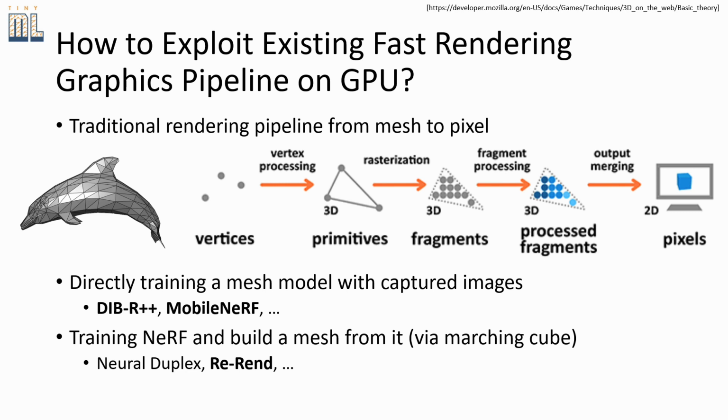The first one is, with captured images, we can try to train that kind of mesh directly. That's one approach that I will explain in the following slides. And another approach is a little bit more conservative, but more efficient. We first train a NeRF model, as in the previous approach, and then we convert it to a mesh model. So I will explain this approach as well soon. Let's see the first one.